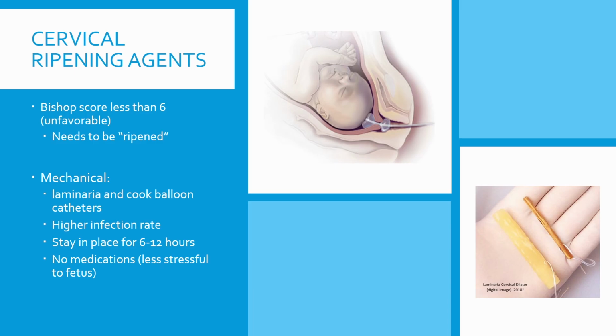So there's some mechanical things that we can do to help. Basically what we're trying to do is just mechanically dilate the cervix a little bit. So there's laminarias or Cook balloon catheters. A laminaria is down on the bottom right of this slide. It's basically dried up seaweed that gets placed inside the cervix, and it will start absorbing that cervical mucus, and that causes it to expand.